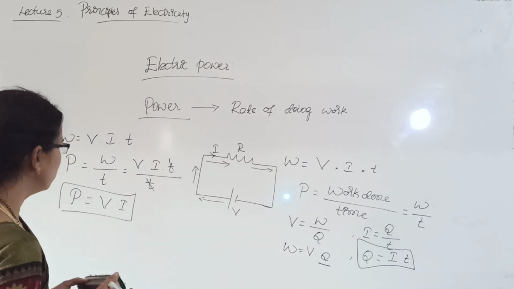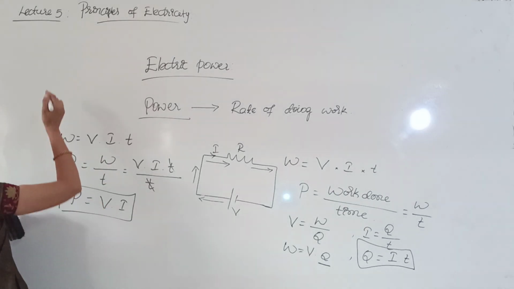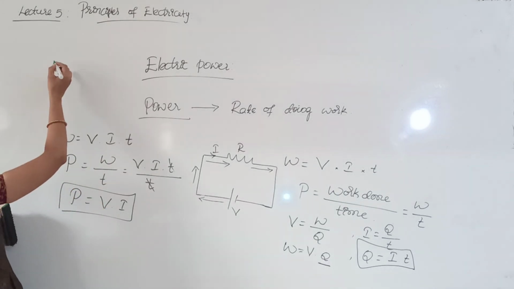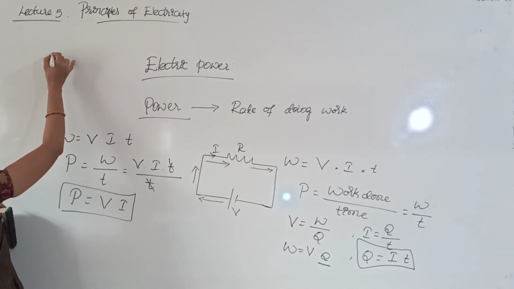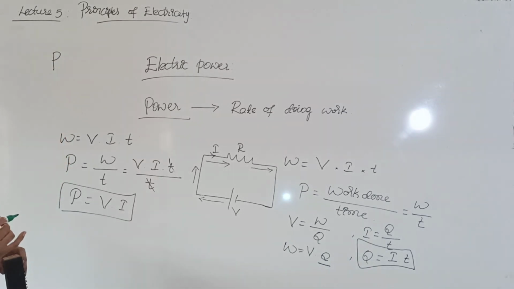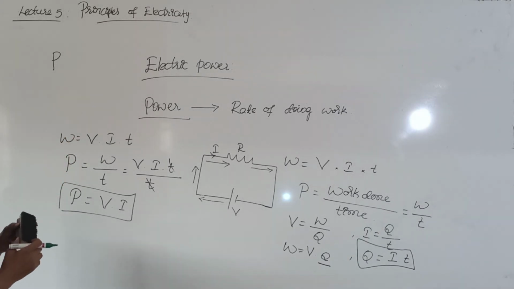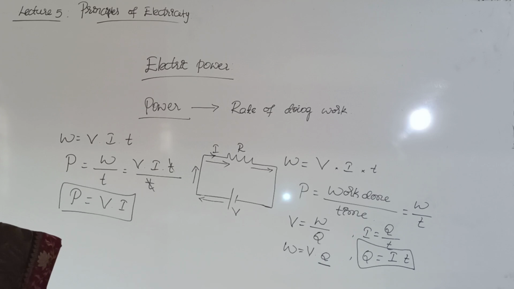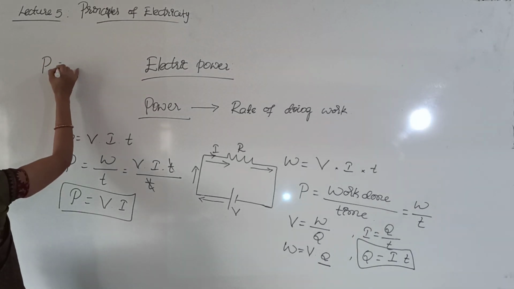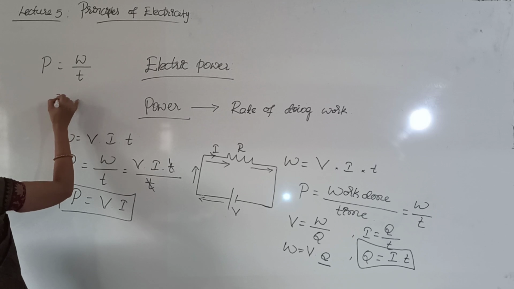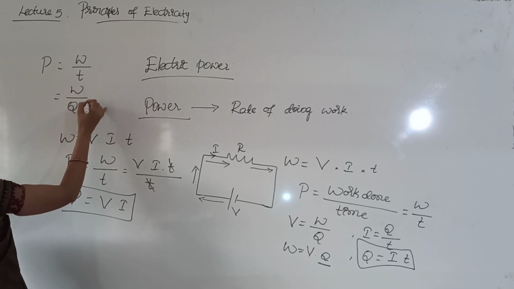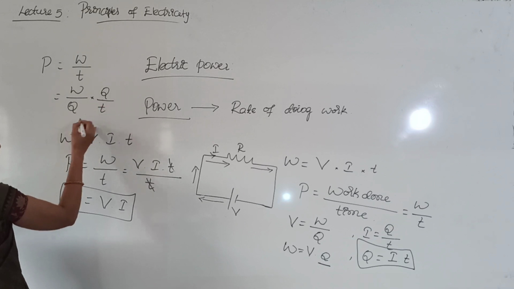You can also solve in a different way. In your textbook it is given like power is equal to work done by time. If I multiply and divide by Q, W by Q into Q by T, what happens?